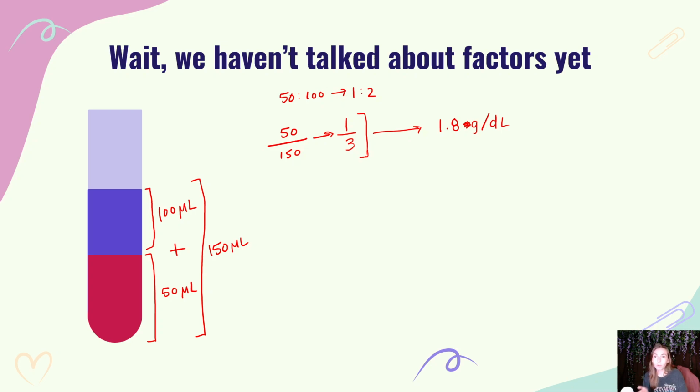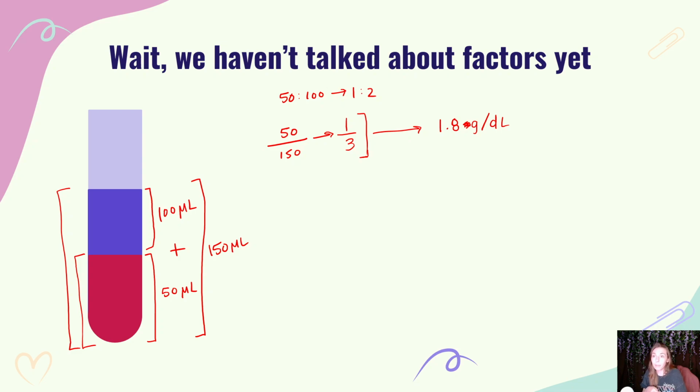Do we think that 1.8 grams per deciliter is reflective of what was actually in the patient specimen? No, right? Because this is our original patient specimen. This is what we just stuck on the analyzer. We just made that concentration of the patient specimen go way down.